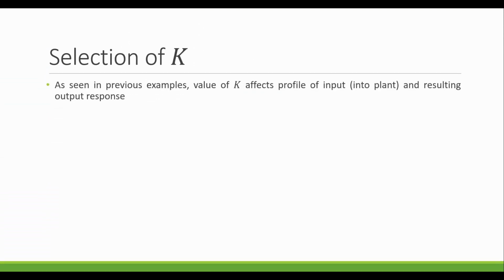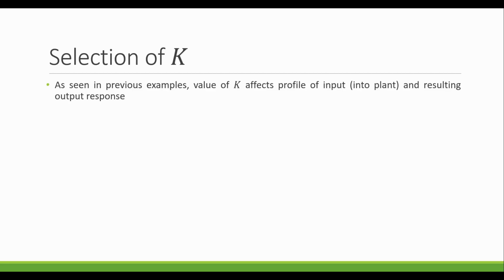As we saw in the last lecture, the K, or the gain in our system, was going to influence what the performance of our system was going to look like. If it was second order, the peak time, the rise time, and the max overshoot were all going to be affected by the gain. But also the input into the system, either on the error or the integral of the error, was affected by the gain.